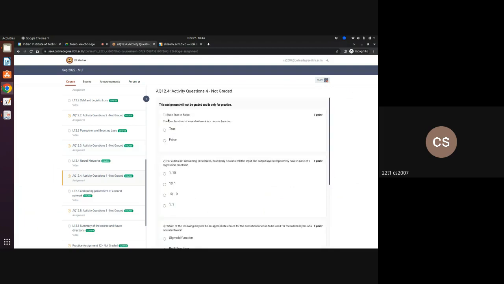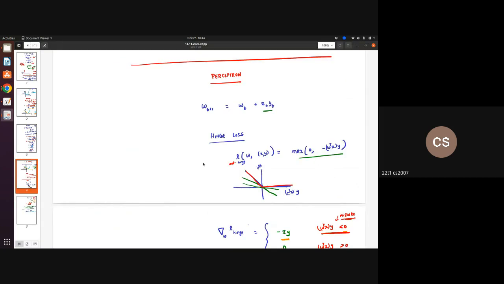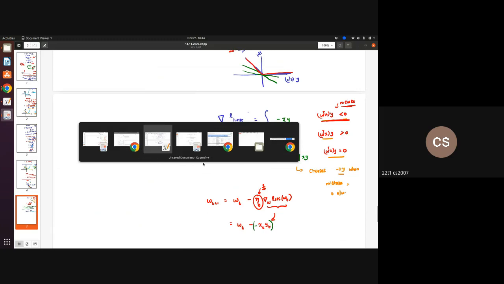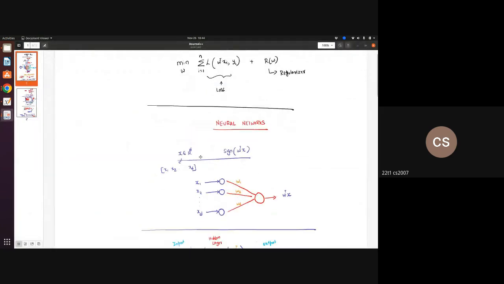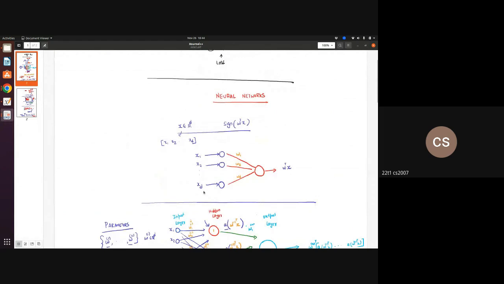Okay, so the next one, the loss function of neural network is a convex function. So in neural networks, as we know, there are several layers, right? So this is the input layer, this is hidden layer, and this is the output layer.